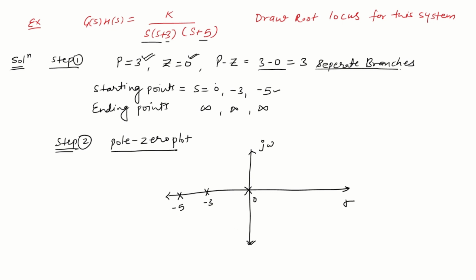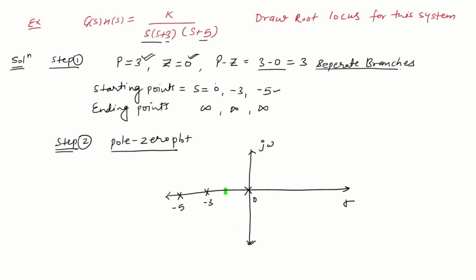Now, to find at which section of the real axis the root locus will lie, let us suppose there is a point here between 0 and minus 3. Suppose we have a point between minus 3 and 0, and we want to find out whether this section 0 to minus 3 will lie on the root locus or not.